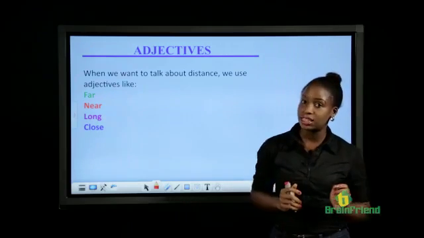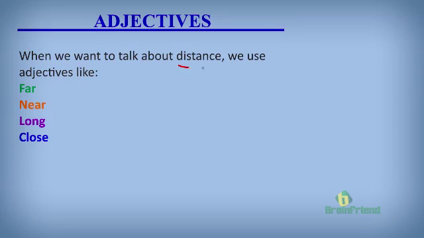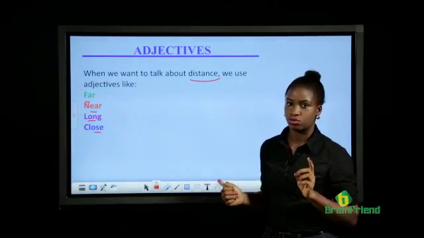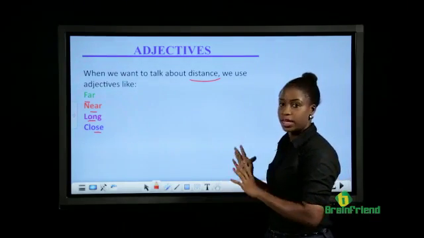We also have adjectives that we use in talking about distance. The distance between you and something or two different things. For example, we have far, near, long, or close. You could say the grocery shop is close or the grocery shop is far. What is the noun in the sentence? Grocery shop, the name of a place.